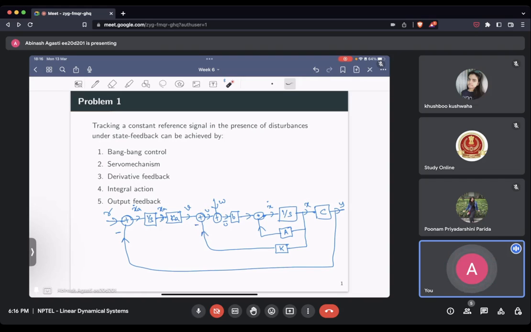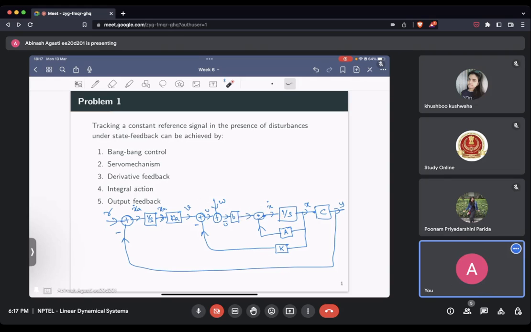So in some sense, I'm feeding an error as the input, where this v is like some reference signal that Kx should satisfy. Okay, so v minus Kx is fed into this as u. Then I have noise coming in, and the net thing becomes some u bar, right? So this is what we have.